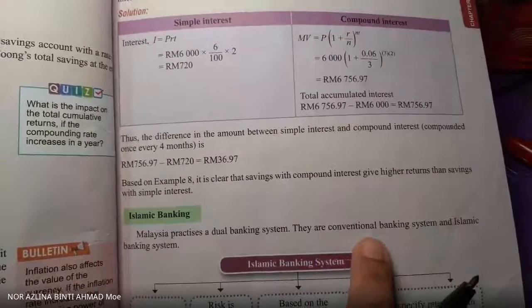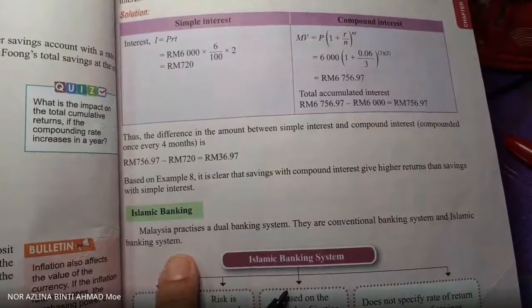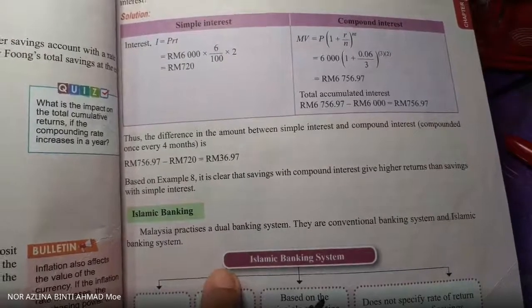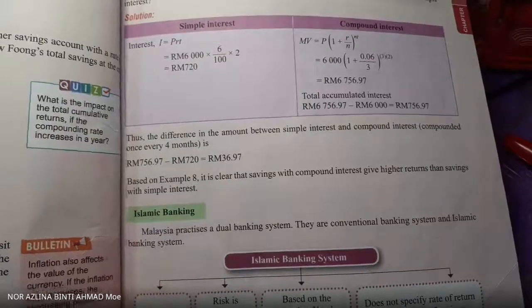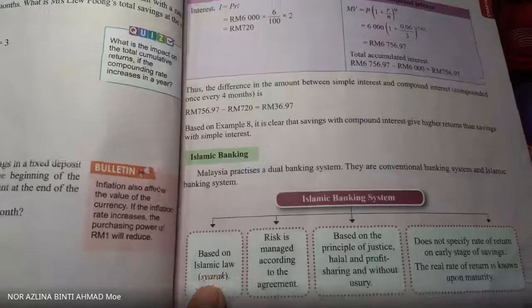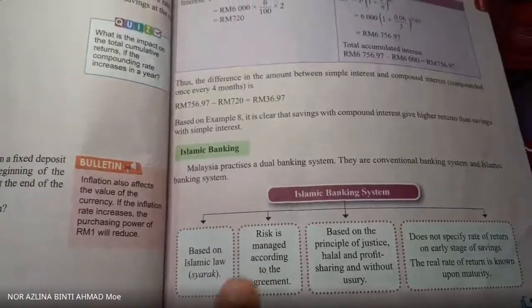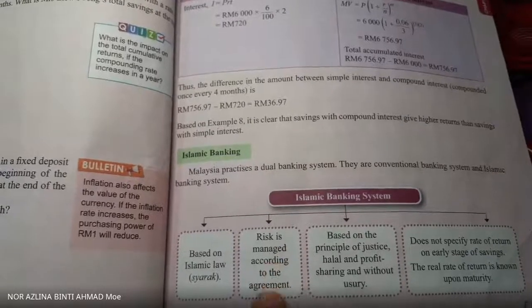There are the conventional banking system and the Islamic banking system. Many people now take the Islamic banking system. So what is the Islamic banking system? Based on Islamic law, according to syarak. Risk is managed according to the agreement.